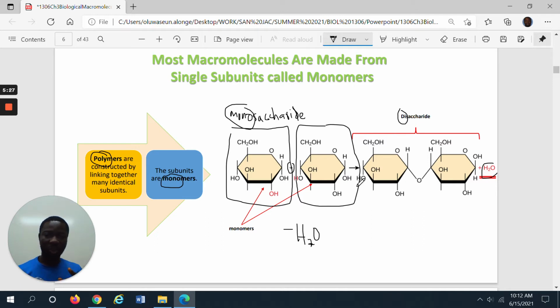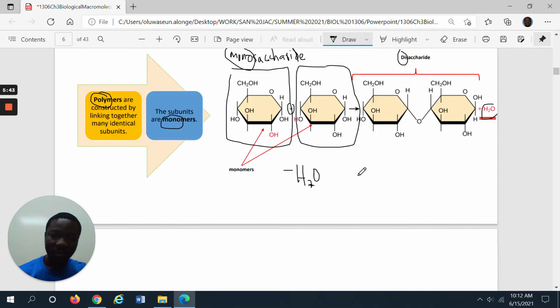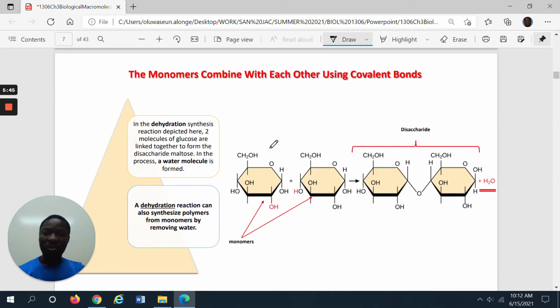So as a rule, before we continue, anytime you are going to form a bond, you are going to lose one water molecule. And anytime you want to break a bond, you are going to add a water molecule. So let's go. So monomers combine with each other using covalent bonds.